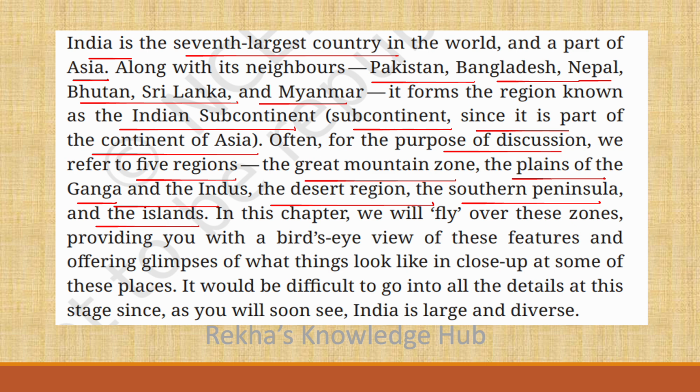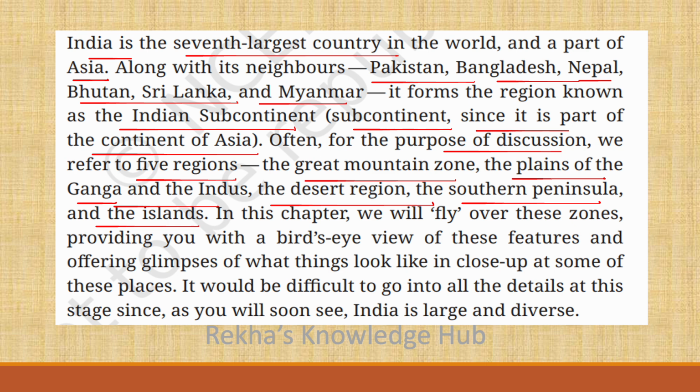The plains of the Ganga and the Indus are the vast fertile plains formed by the river systems of the Ganga and the Indus, supporting agricultural activities. The desert region is located mainly in the western part of India. Then the southern peninsula, the ancient plateau region of India.